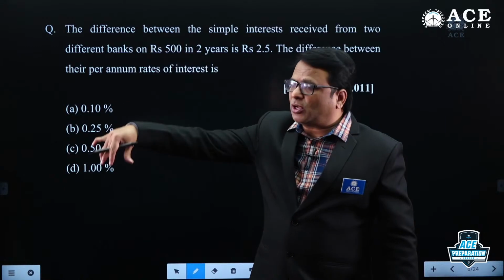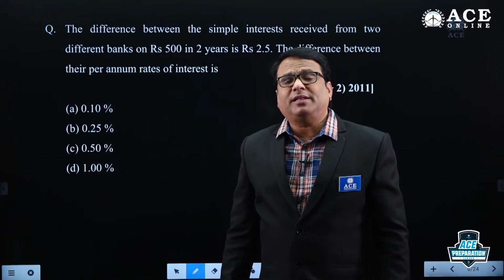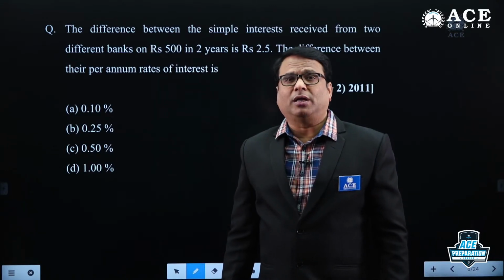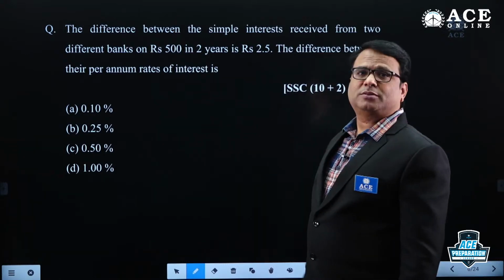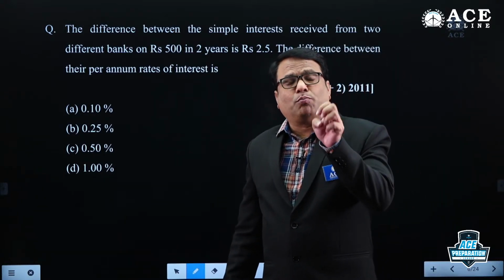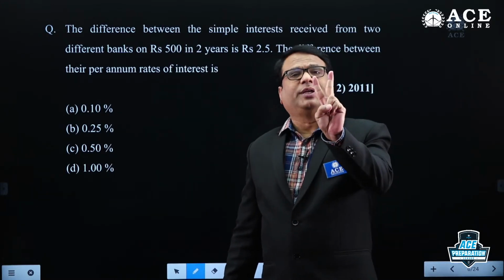In Bank B also 500 rupees. And the difference between the interest received from these two banks in 2 years is 2.5 rupees. That means one bank is giving 2.5 rupees more interest when compared to the other bank, in 2 years.